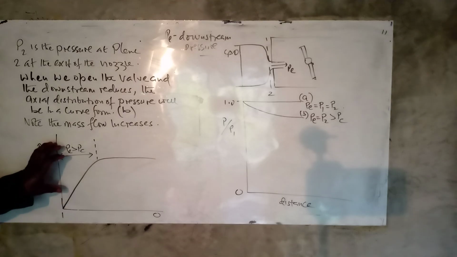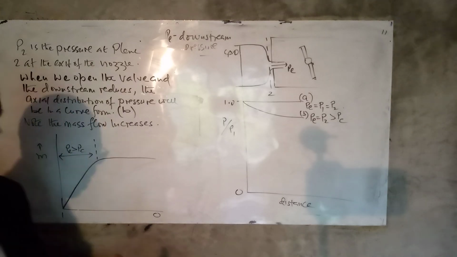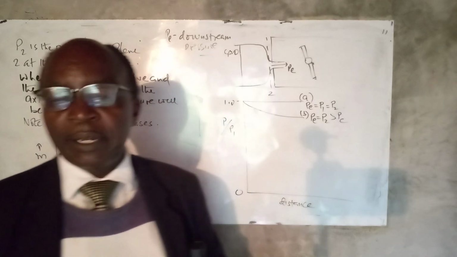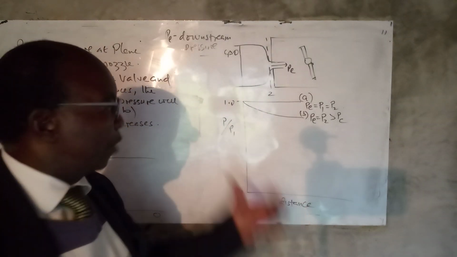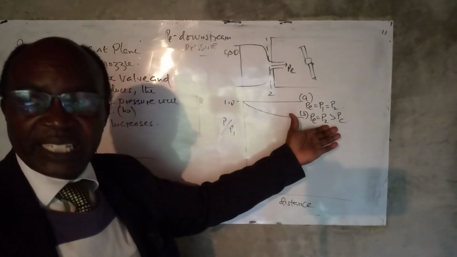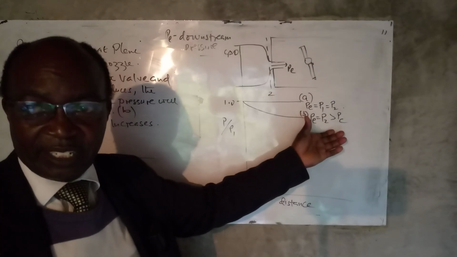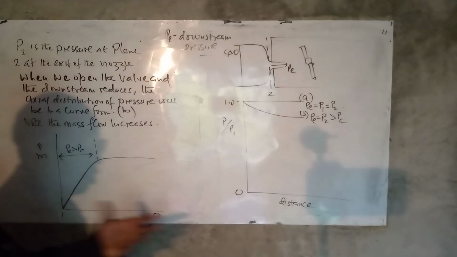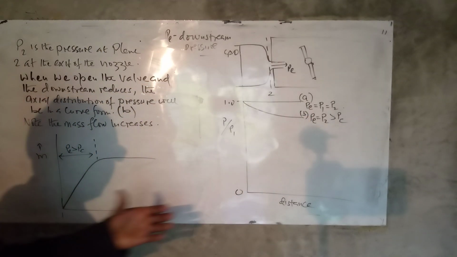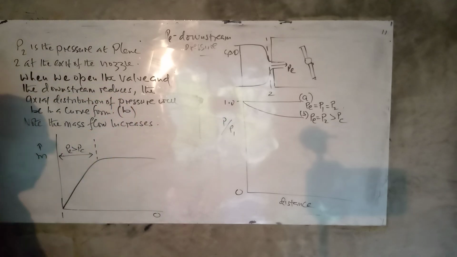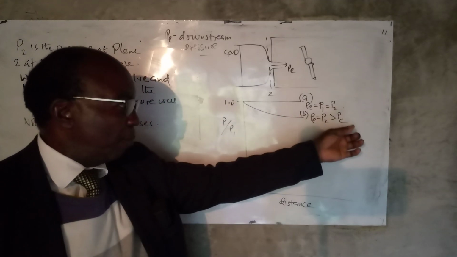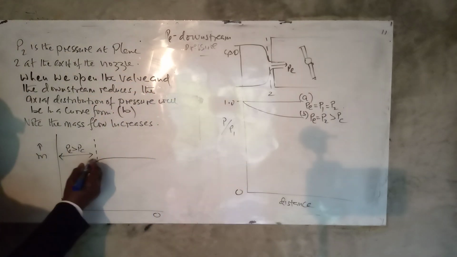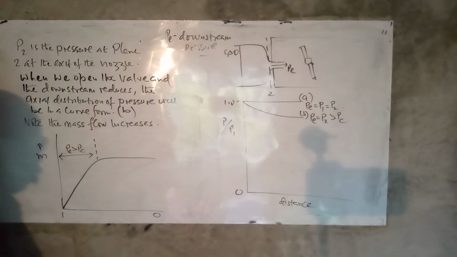And so at the point where the downstream pressure equals the critical pressure, which also is equal to the pressure at the exit plane of the nozzle, which will be constant and equal to PE at that point, we'll have the maximum mass flow.